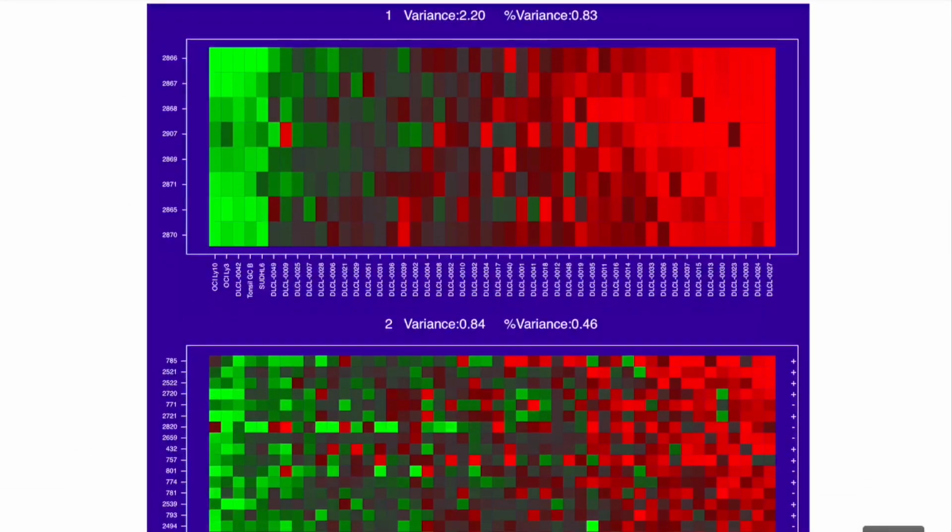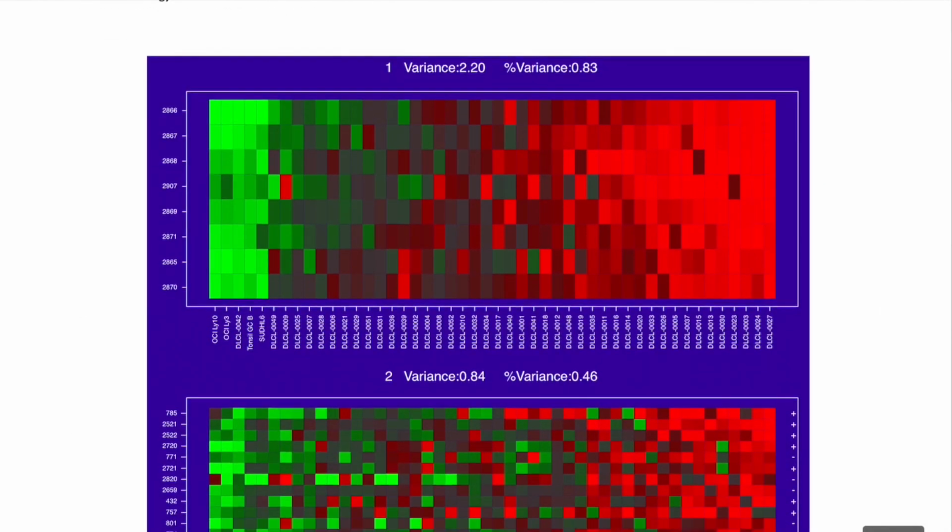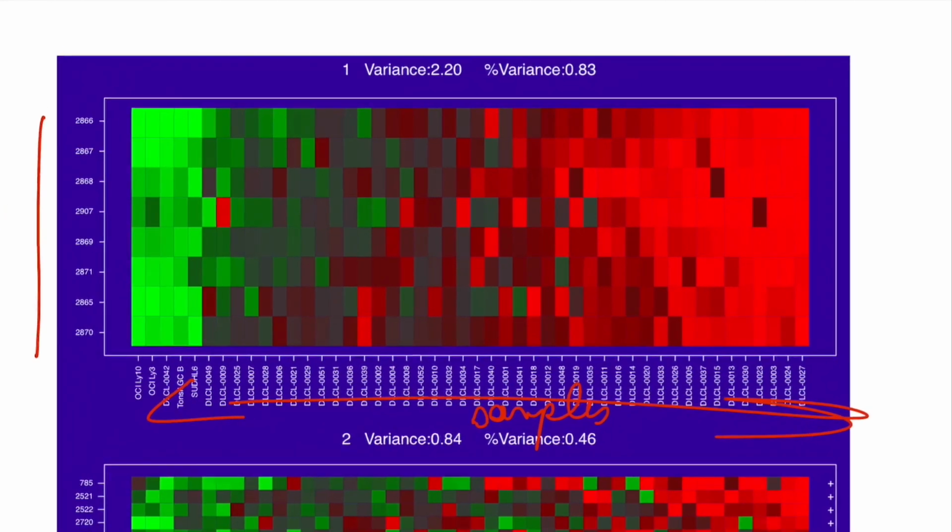Clustering is typically the most widely used, but in this paper, they proposed to find clusters. So each of these things are genes, and each of these things are samples. And they proposed to find a method to find clusters where the genes are highly correlated.